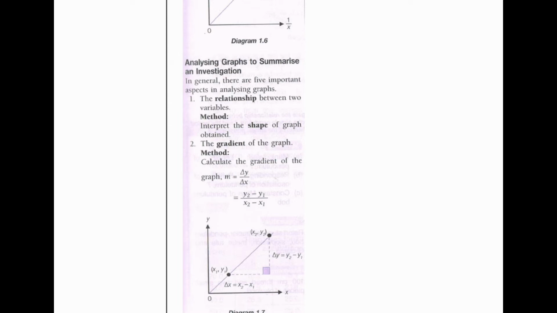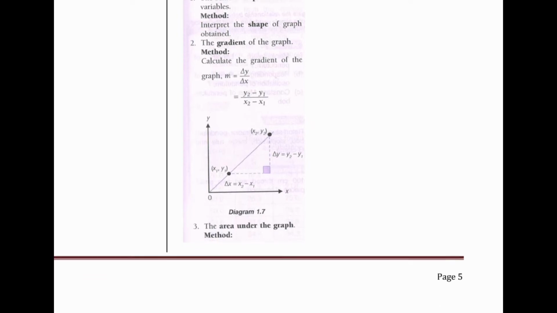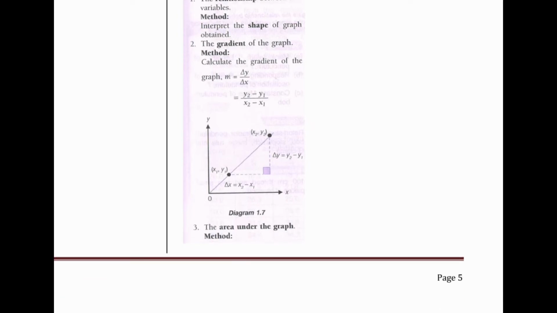Number 2, the gradient of the graph. So you count the gradient by using the gradient formula. Why is gradient important? For example, let's say if you have distance, time, then you count the gradient for this. The gradient represents the speed.